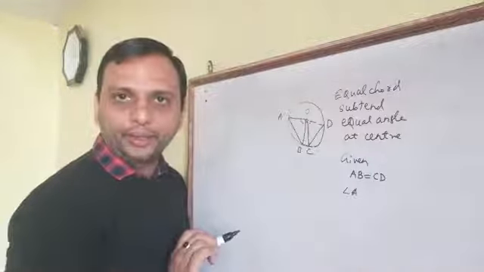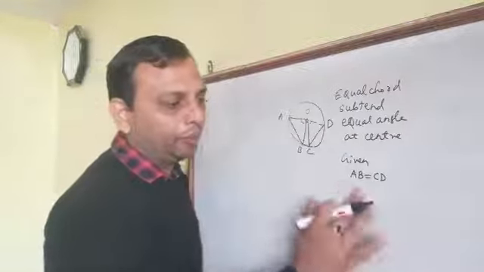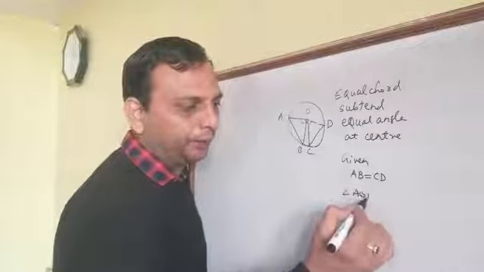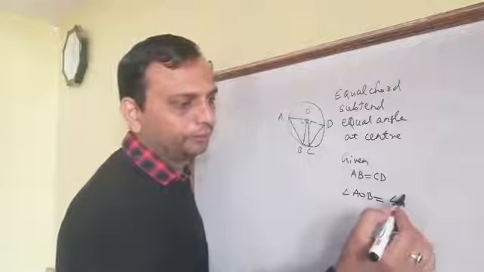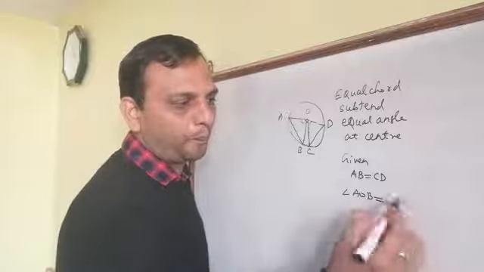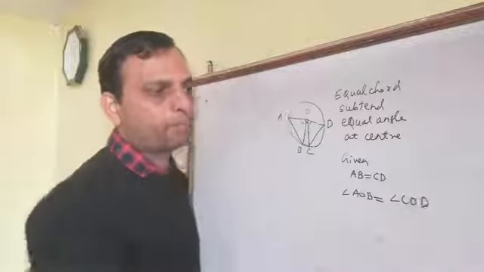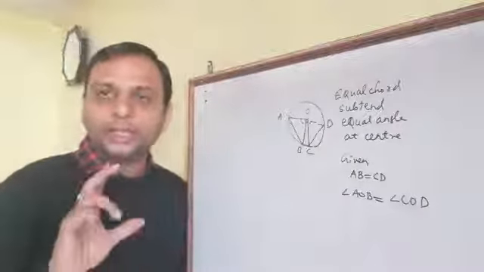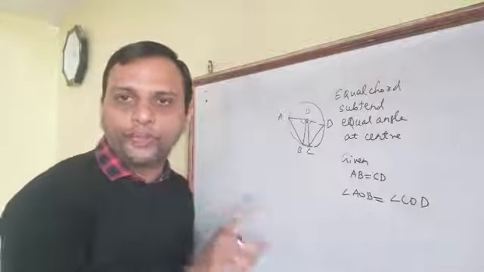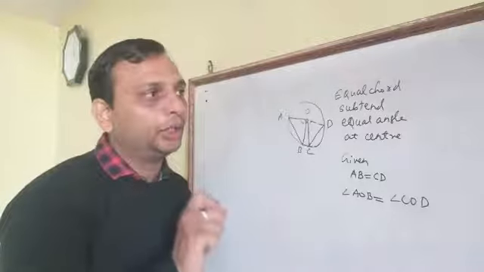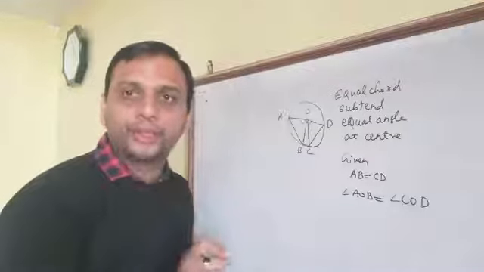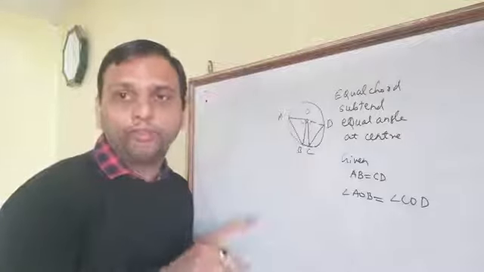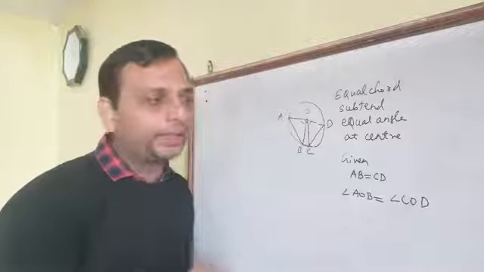O. O is the center of the circle. So they will form equal angles at the center. This is theorem 10.1. Angle AOB will be equal to angle COD. I hope you understood. So the 10.1 theorem says that if in a circle you get two equal chords, then they will form equal angles at the center.